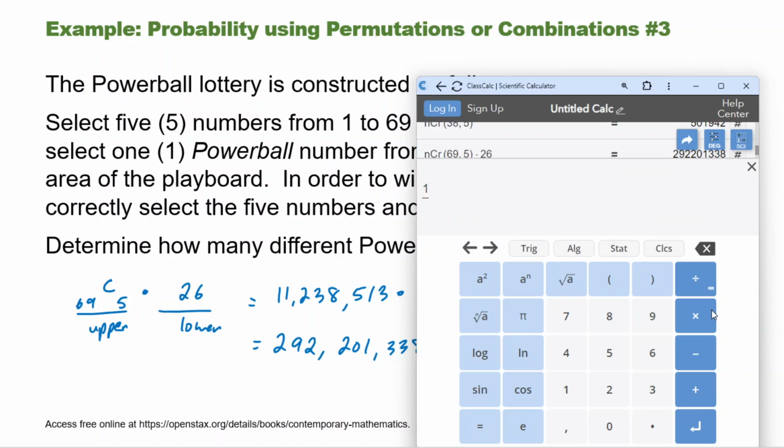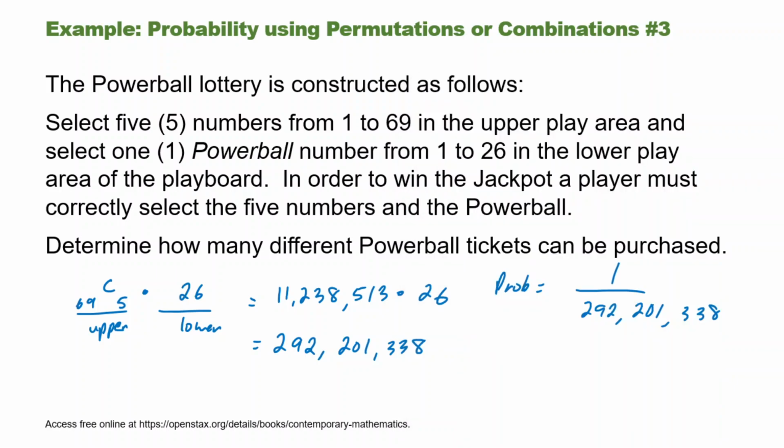So 1 out of that is 3.4 times 10 to the negative 9. That means 0.000000034. That probability is so close to 0, it may as well be 0. And if you remember, a probability value of 0 is impossible, and the larger a value is, the more likely it is. So in this case, this is a very, very unlikely event.